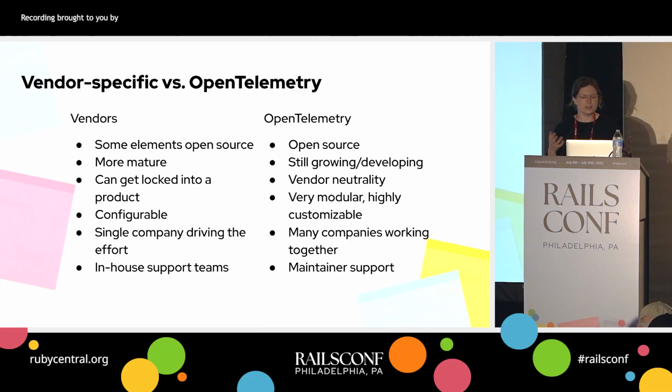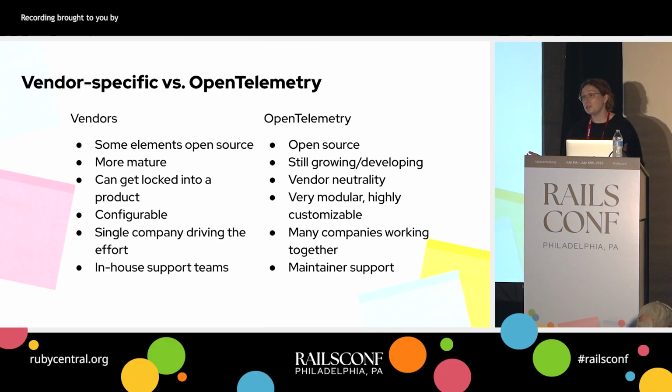Vendors, and I guess OpenTelemetry, they both have their own configuration options, and that's well documented. But with vendors, there's a single company driving the effort, whereas OpenTelemetry has many companies coming together, which can create different ideas. I think one of the biggest differences between the two is that vendors have in-house support teams that are often paid really well and available constantly.